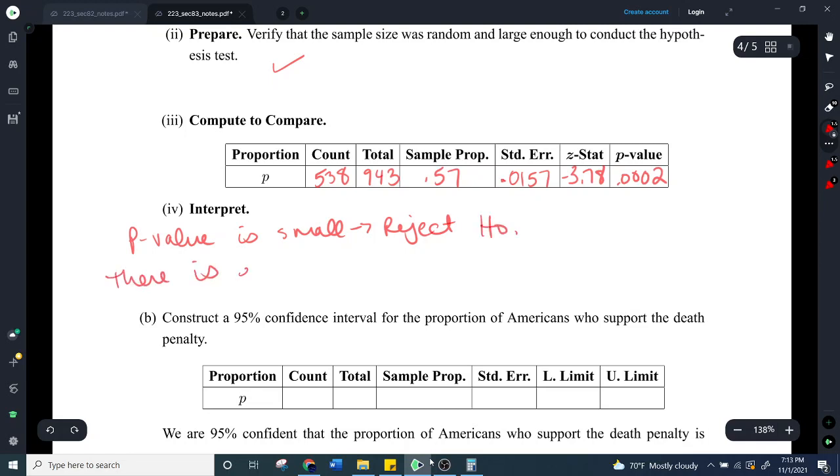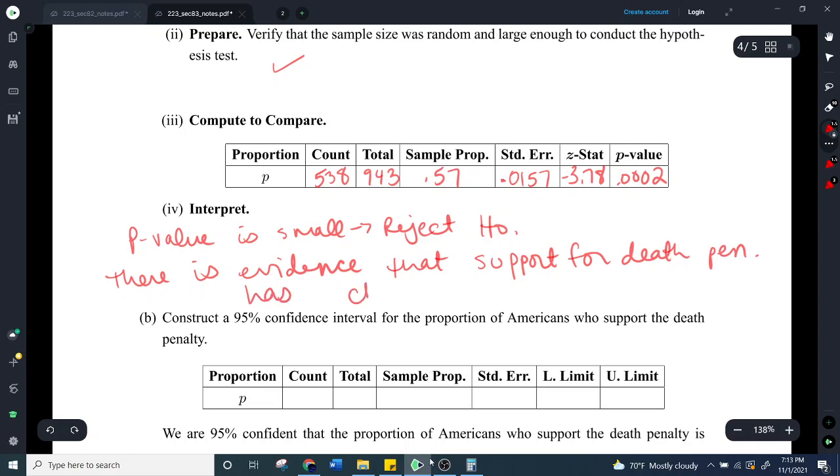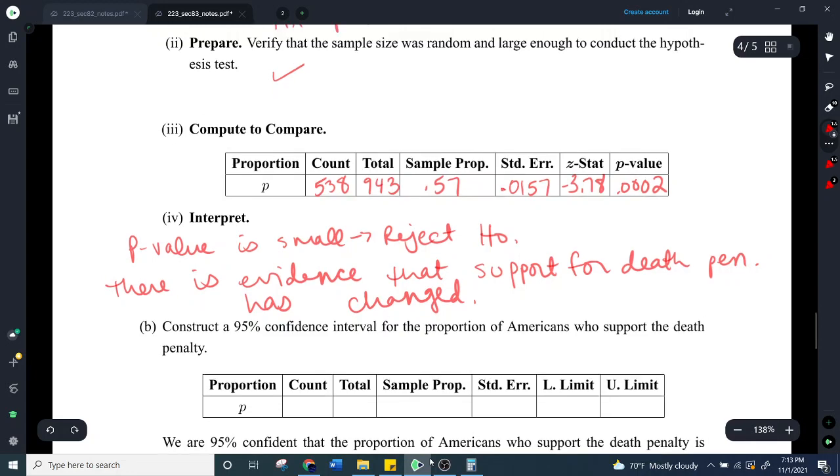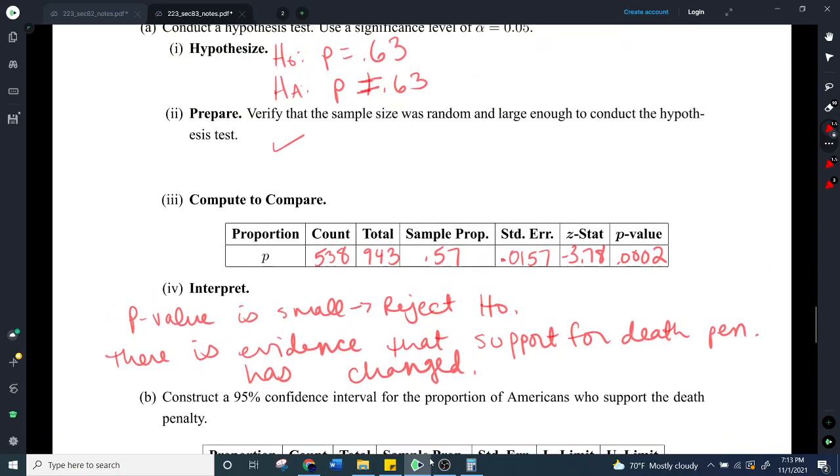There is evidence that support for the death penalty has changed. Notice I didn't say declined, I said has changed, because that's what my alternative hypothesis was: that P was not equal to 63%. Right now all I know is that it doesn't include 63%. It could be higher, could be lower. Actually, it's going to be lower, but we'll talk about that in a second. We know that it has changed. That's the only thing we know right now.